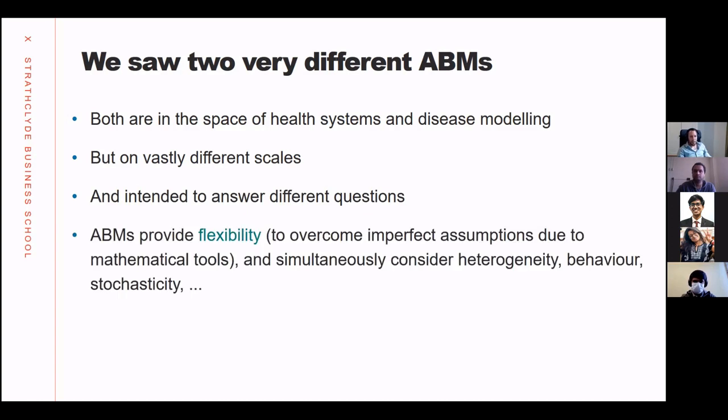We saw that ABMs provide flexibility to overcome imperfect assumptions due to mathematical tools by simultaneously considering heterogeneity, behavior, stochasticity, potentially also memory, if that is something that is important for your specific question. That being said, agent-based models also have some negative aspects. I didn't really cover too much of them.